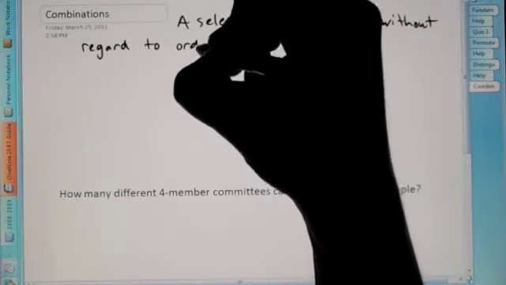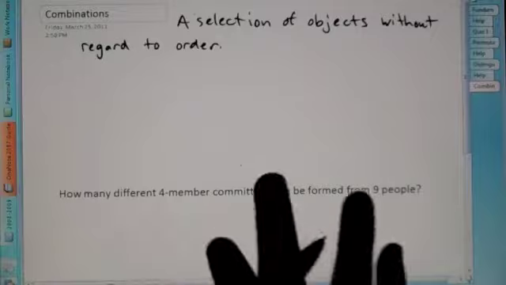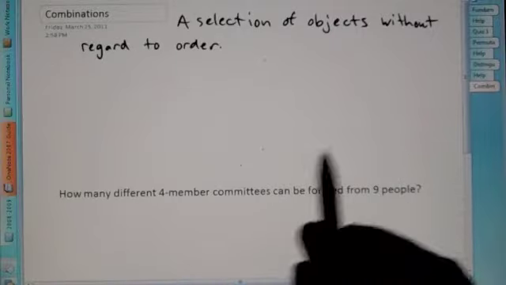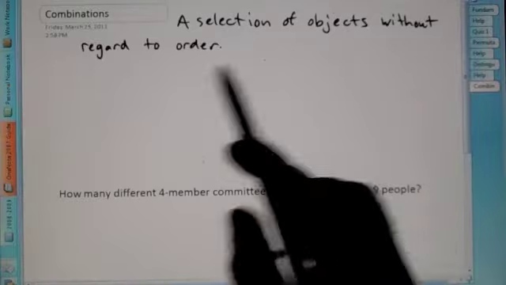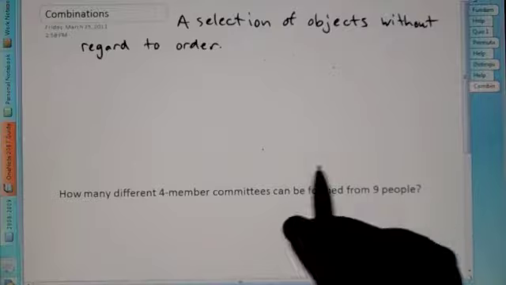With permutations, we cared about the order, like how many permutations if the last letter of the word ends with an E or something like that. So combinations are without regard to order. We don't care in which order what goes.